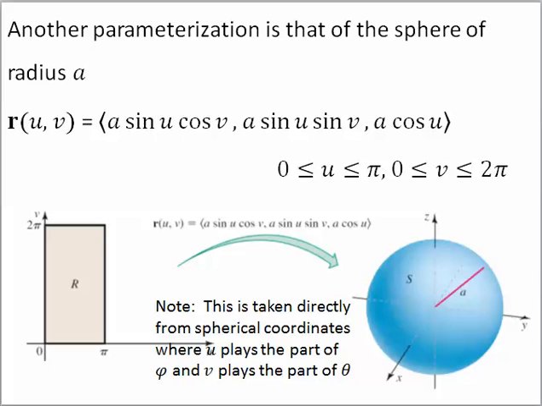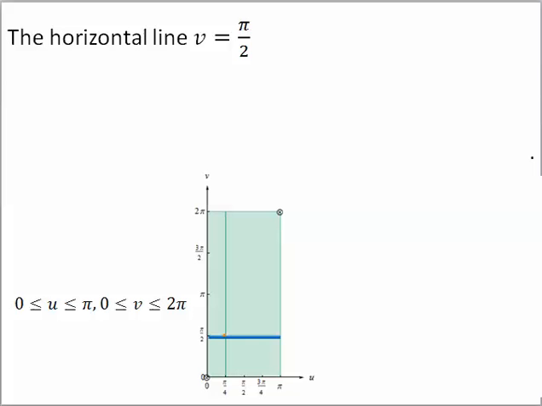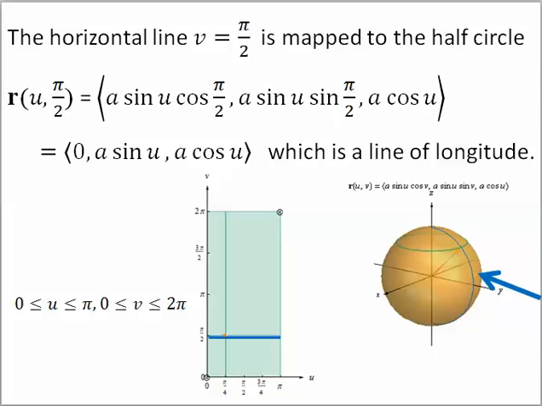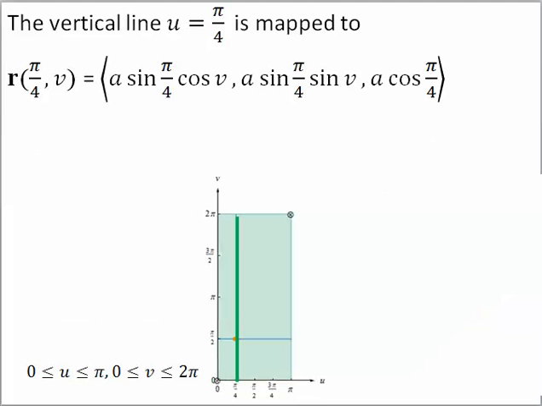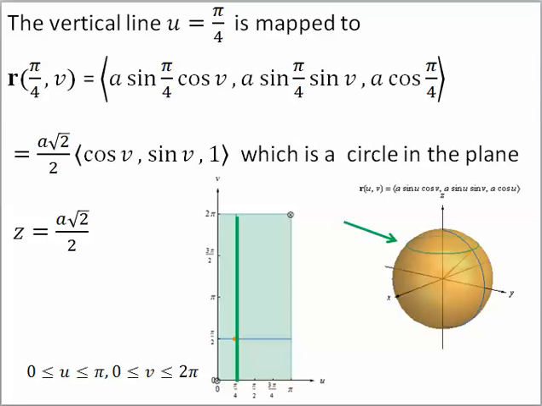Another parameterization is this one, which uses spherical coordinates. Using this parameterization, a horizontal line v equals pi over 2 gets mapped to a half circle, which is a line of longitude. And the vertical line u equals pi over 4 is mapped to a circle in the plane z equals a radical 2 over 2.